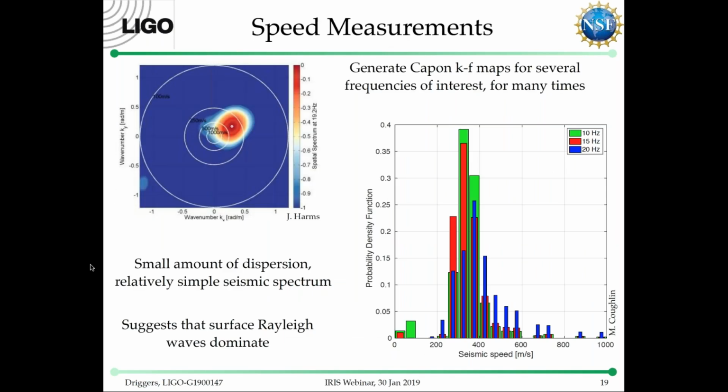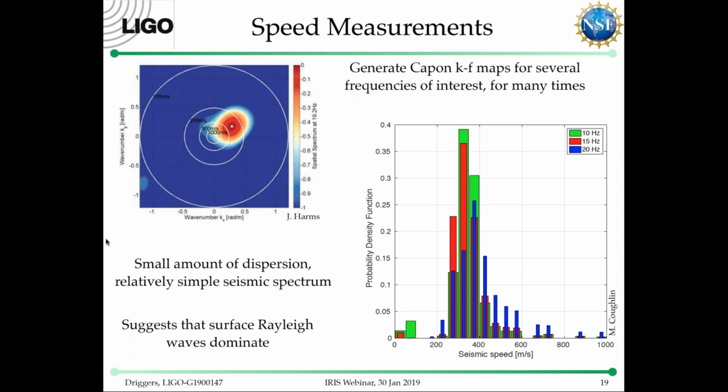So we can do several things like generate FK maps to try and see what the seismic waves actually look like as a function of time, and then extract from the FK maps the seismic speed. And you can see that for the most part, we don't have a lot of dispersion in our facility.